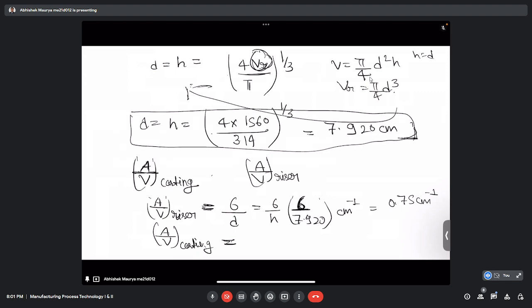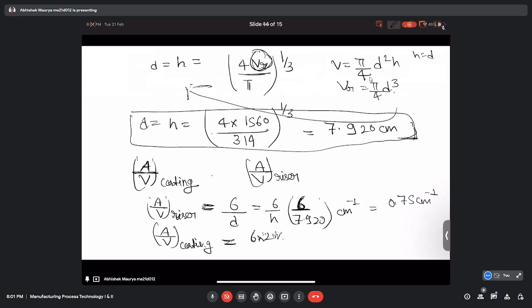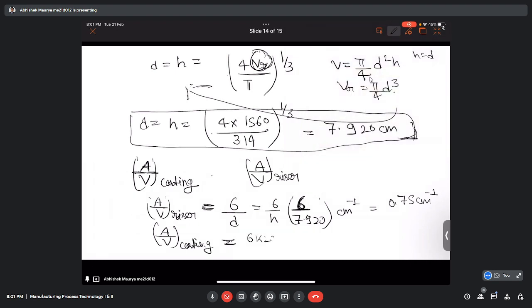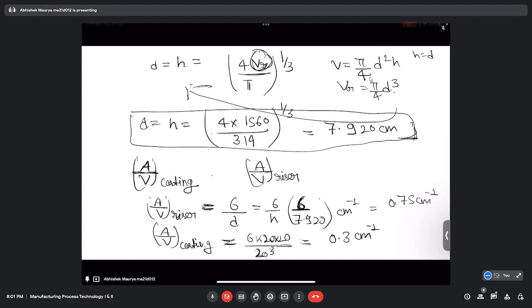If we calculate it, we get 6 times 20 squared divided by 20 cube. That comes out to be 0.3 centimeter inverse. Okay.